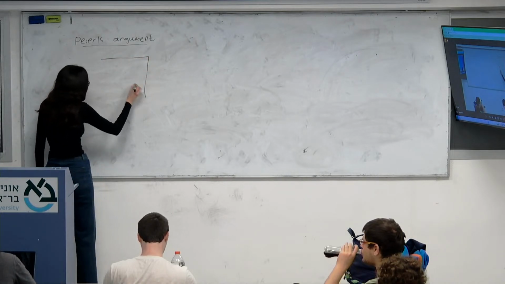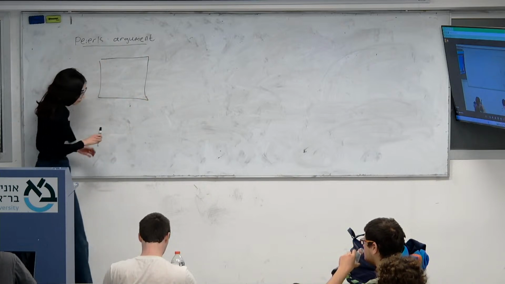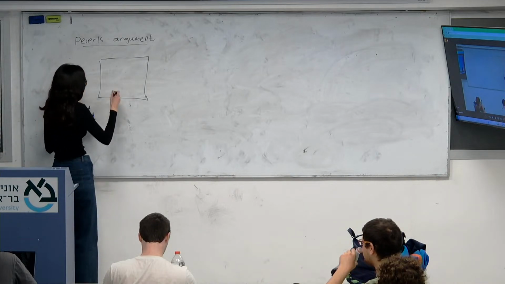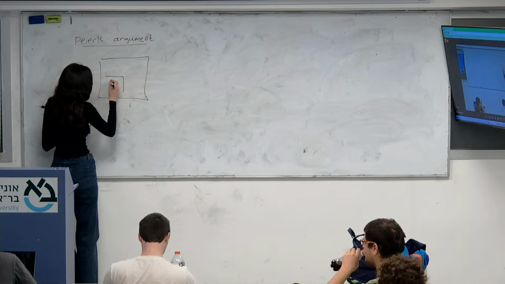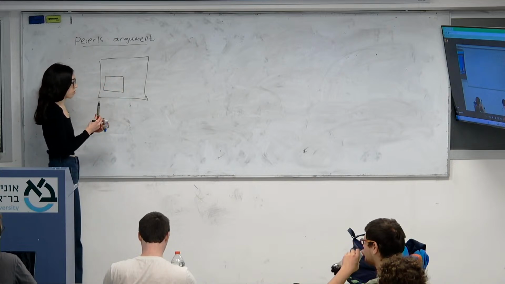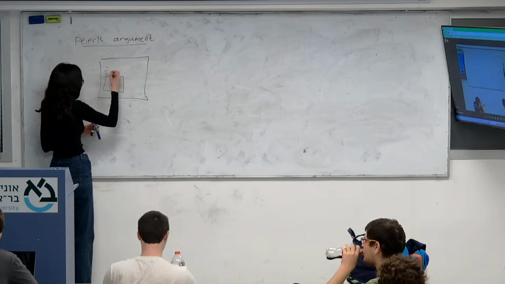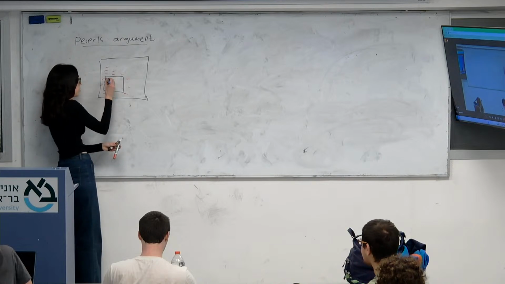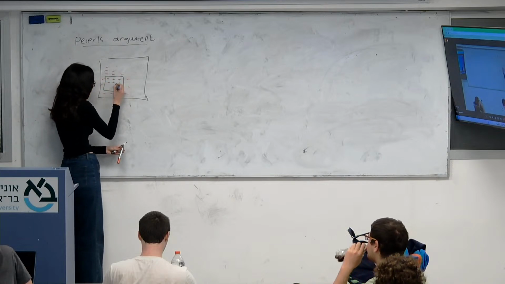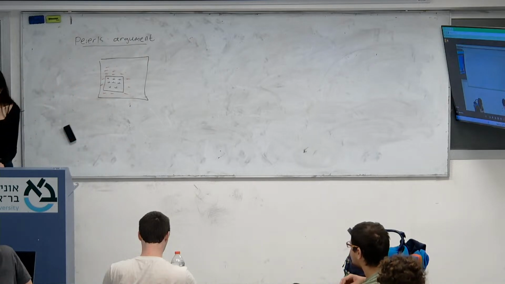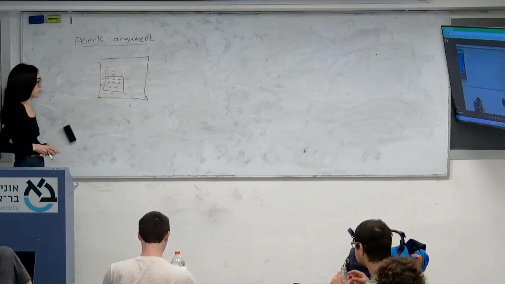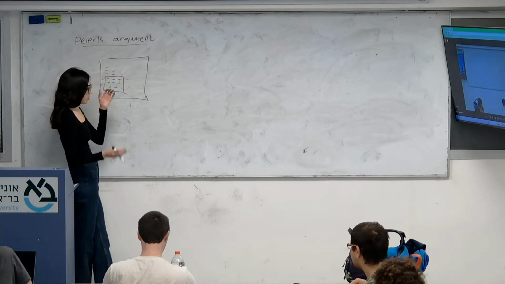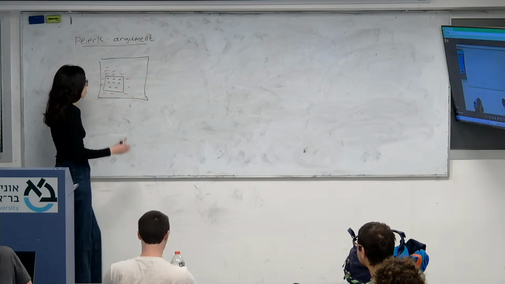We look at the system, and we have some domain in the middle of the system. So let's say everyone outside is minus, and inside everyone is plus. So now the domain wall is between the area in the middle and everything else.